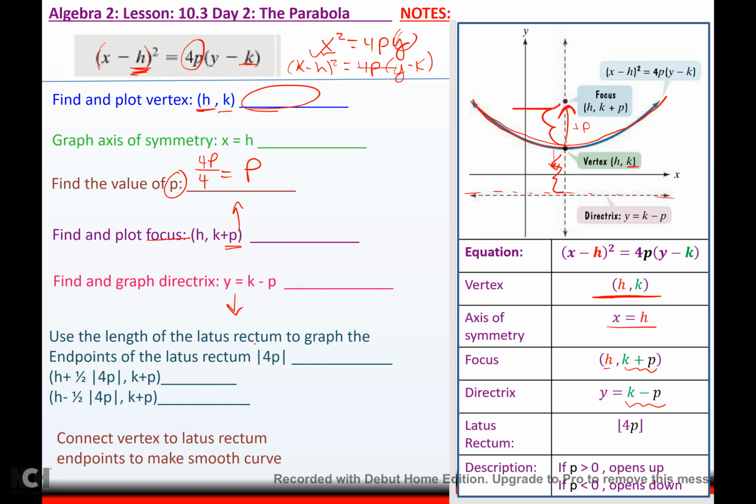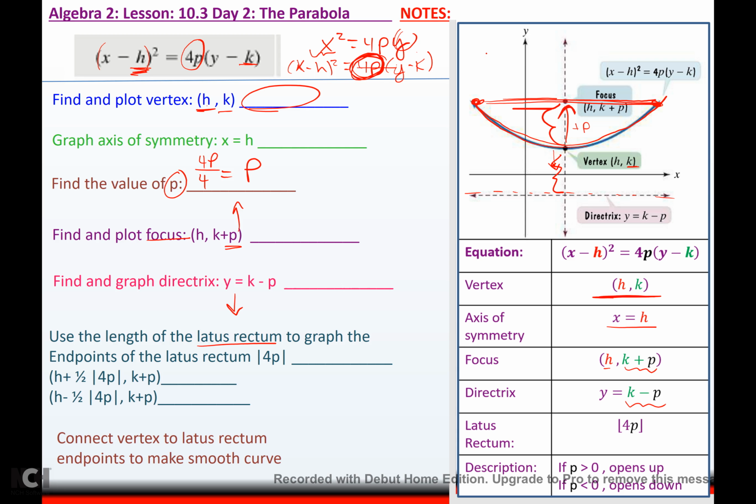Okay, now this latus rectum. If you take 2 points that are directly equidistant from the focus horizontally, that length, whatever it is, is called the latus rectum. It will be the absolute value of whatever is touching the y minus k parentheses.